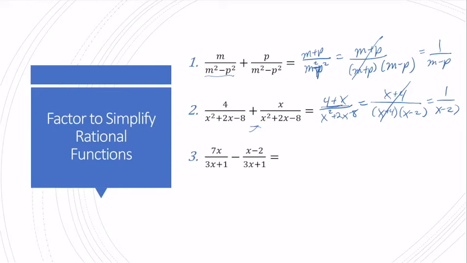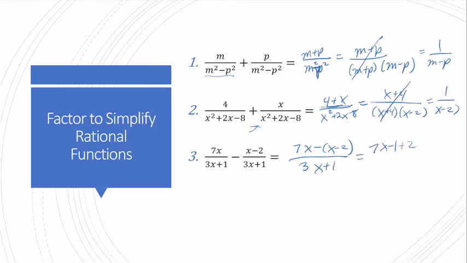Next, I have 7x over 3x plus 1 minus (x minus 2) over 3x plus 1. So I'm going to have 7x minus (x minus 2). Note that I wrote it as minus (x minus 2). That's going to help me remember to distribute that negative over 3x plus 1.